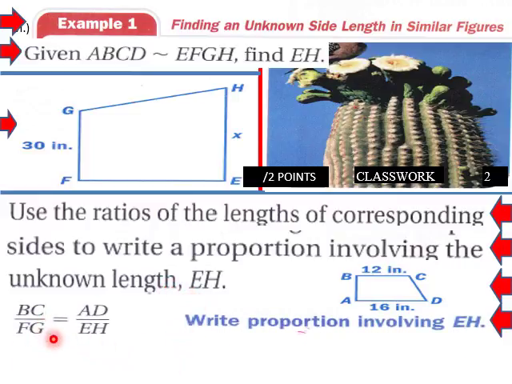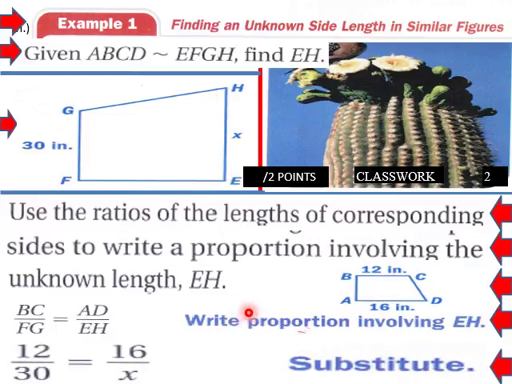So in this case, BC over FG equals AD over EH. So those are proportions we're going to use.